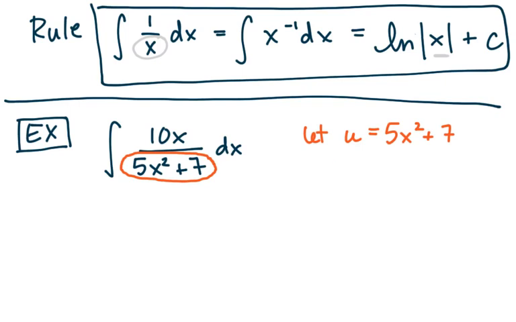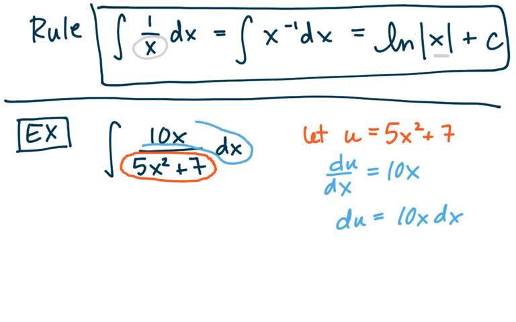That means the derivative of u with respect to x is 10x, or rather du equals 10x dx. And I see that 10x dx showing up right there in my problem.